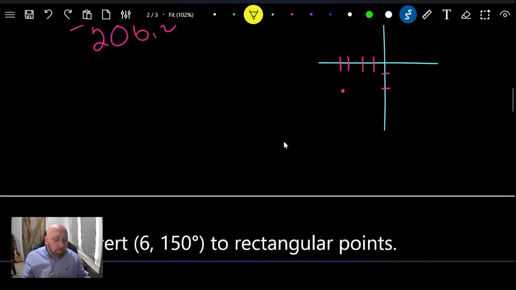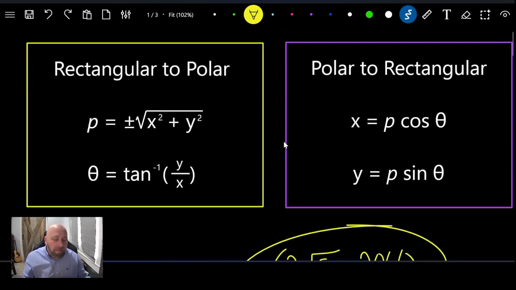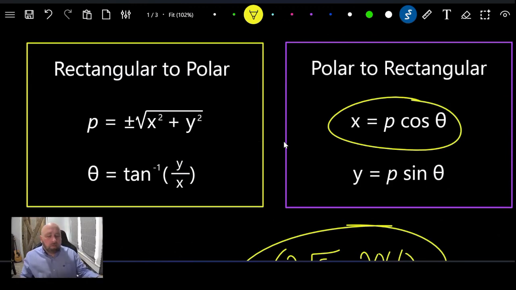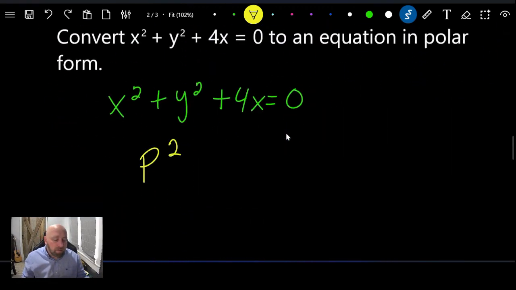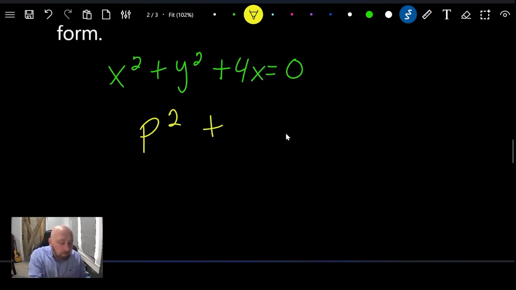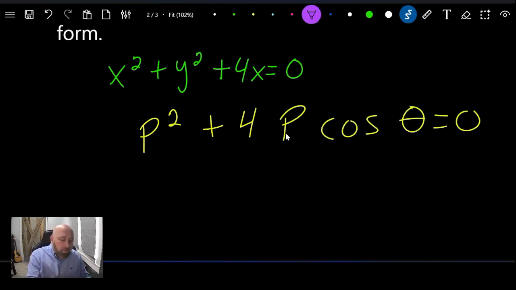Now if we go back up here, we know that x equals rho cosine of theta. So we could put that instead of the x. So plus 4 rho cosine theta. Now we'll use a little algebra here, and if I see I have a rho here and a rho here, I can go ahead and pull out my common rho.